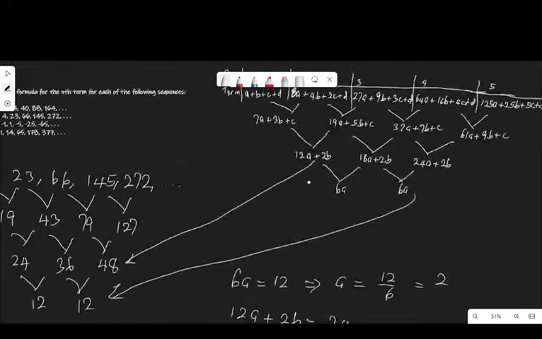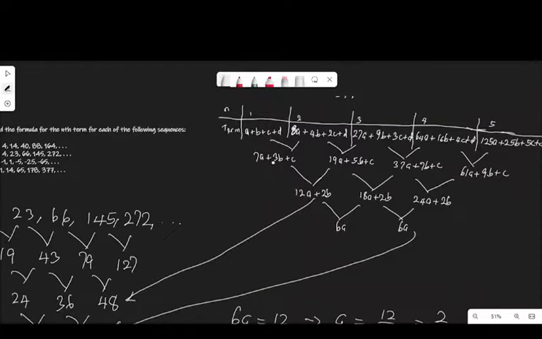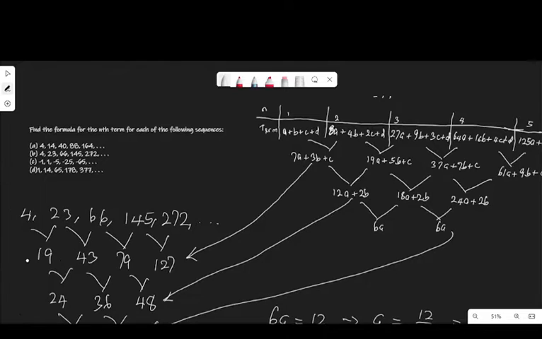To find c, we'll compare this row with this row here. That means 7a plus 3b plus c is equal to 19. 19a plus 5b plus c equal to 43. And 37a plus 7b plus c equal to 79, and so on and so forth.